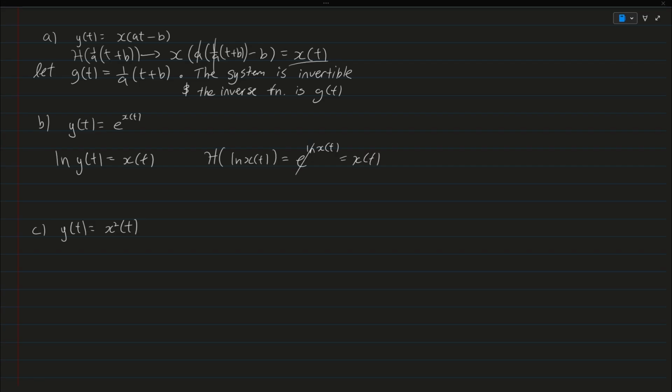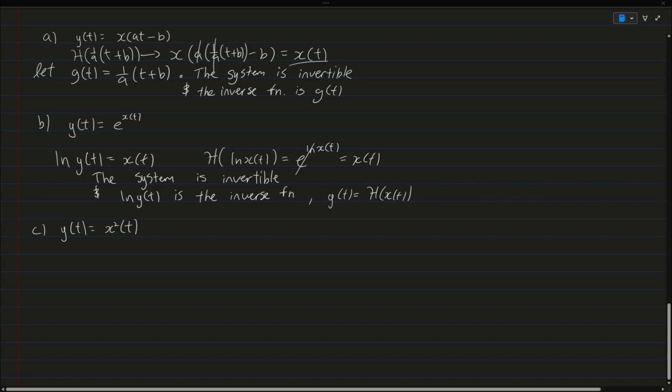There we go. So the system is invertible, and ln y of t is the inverse function. And y of t is what? y of t is equal to the system transformation of x of t.